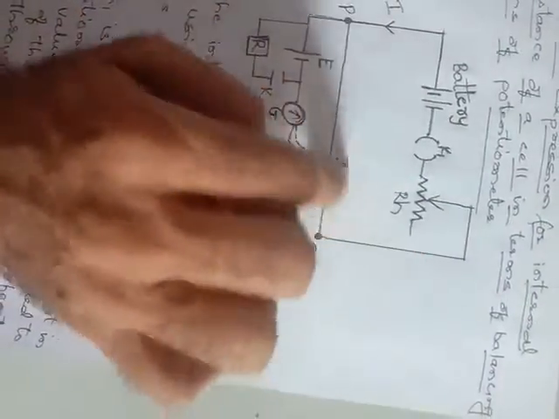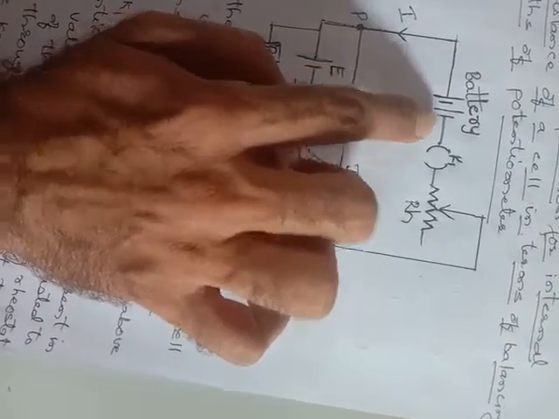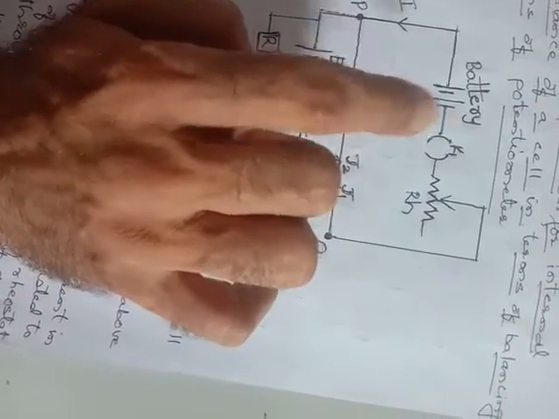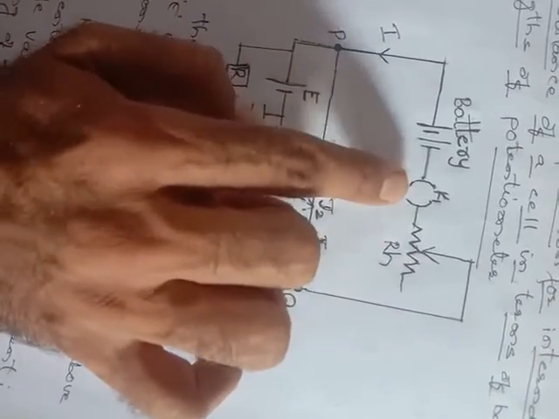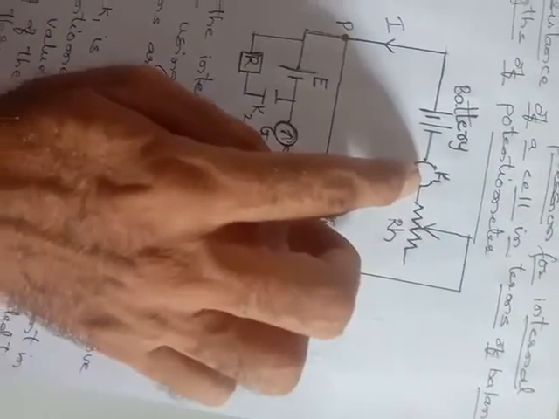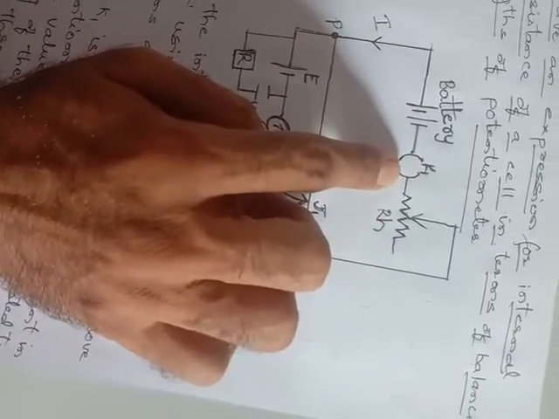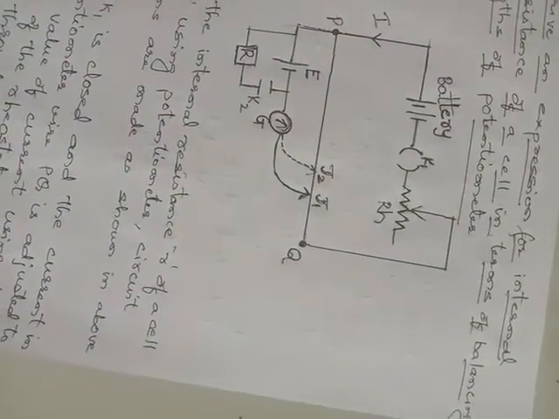तो ये this circuit is called as the primary circuit. ये सर्किट को क्या कहा जाता है, प्राइमरी सर्किट कहा जाता है. ये प्राइमरी सर्किट में क्या कनेक्ट किया हुआ है, बैटरी, प्लग की, इधर प्लग की K1 है, and to this plug key rheostat is connected.